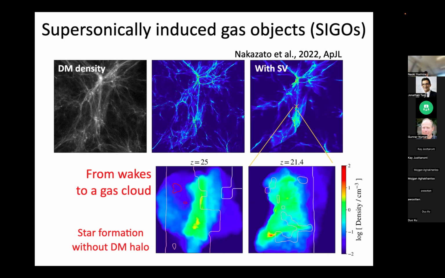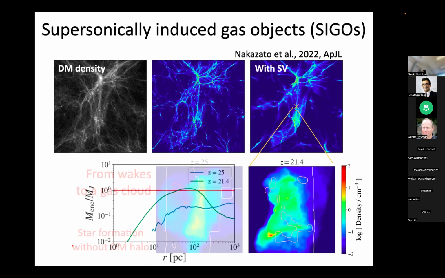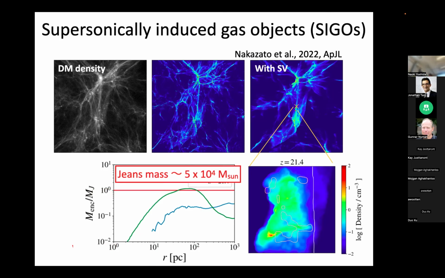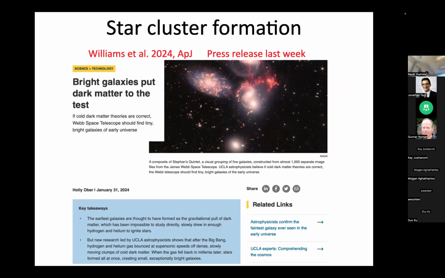We follow this further evolution, and we find this gas cloud becomes Jeans unstable by self-gravity when its mass is about 5 times 10 to the 4 solar masses. So this is one interesting way of producing stars or star clusters of this size. Okay. And more recently, we also find a more extreme case of forming many stars at once.